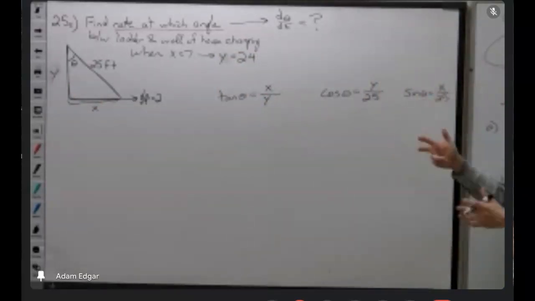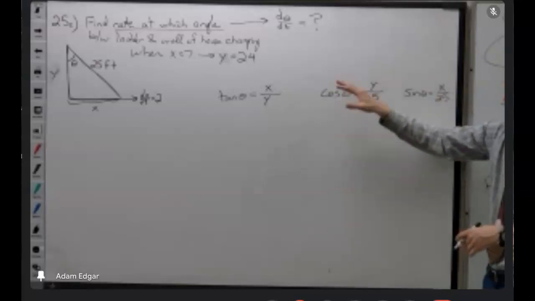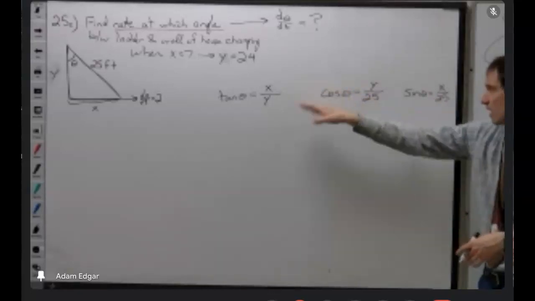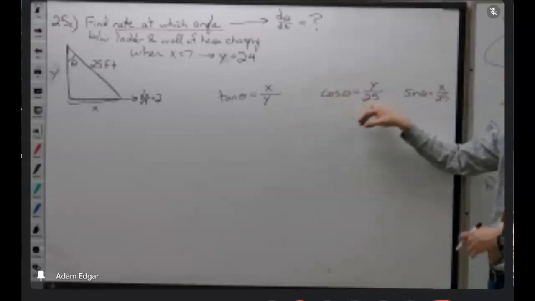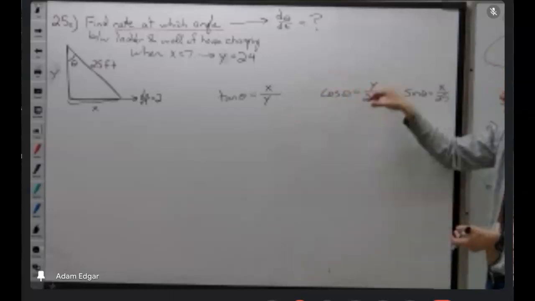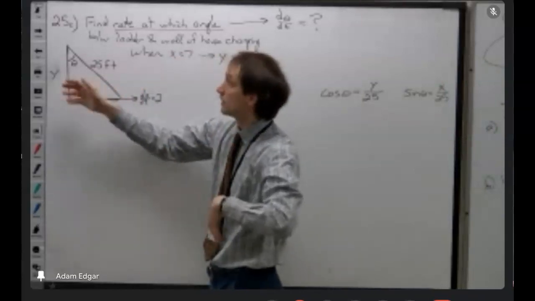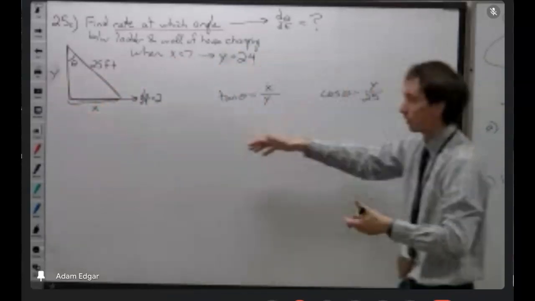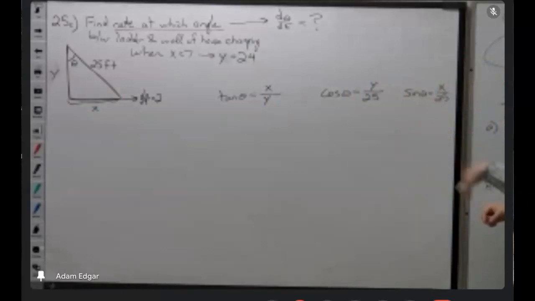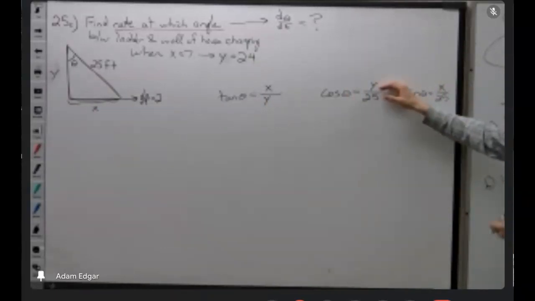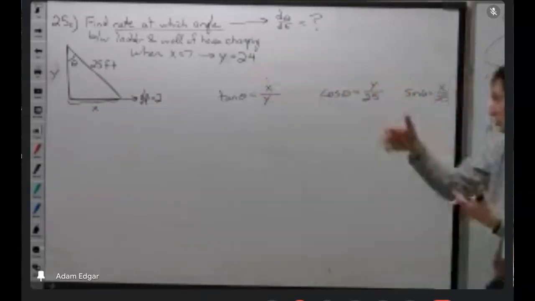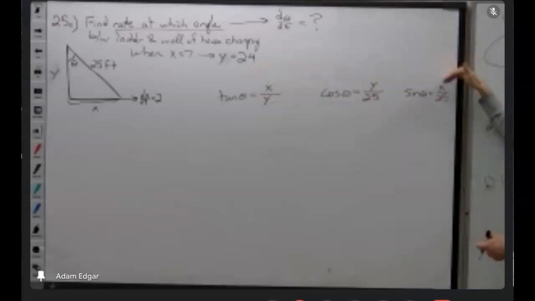Good. Cosine is a little bit better than tangent, because at least we've gotten rid of the x variable, and so we now only have theta and y. But while we know y, we had to do a little work to find it, and we don't know dy dt, unless we go back previously into the problem. Since we know what x is, it would make sense to try to use x stuff. So that's why we're going to prefer to use sine here.